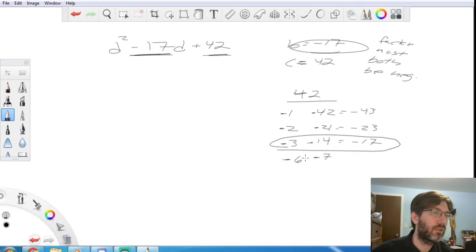So I'm going to stop there. This here is what we want, so these are both negative now. So just when we come over to plug them into our binomials, we have a d, and instead of plus 3, we have a negative 3. And we have a d and a negative 14.